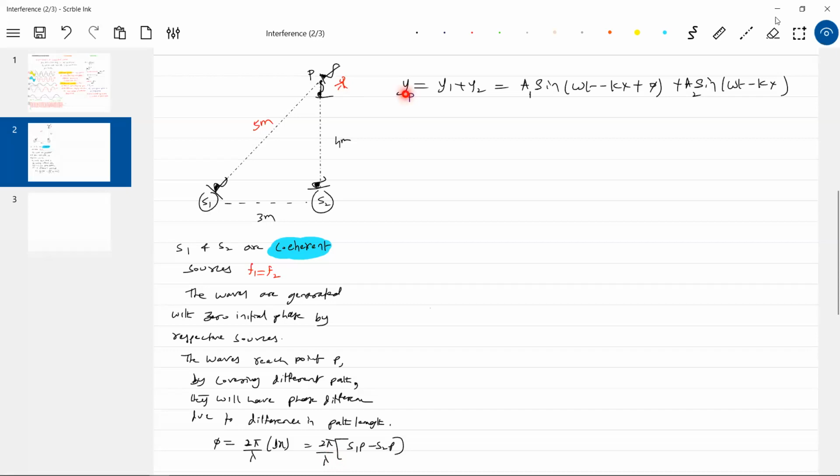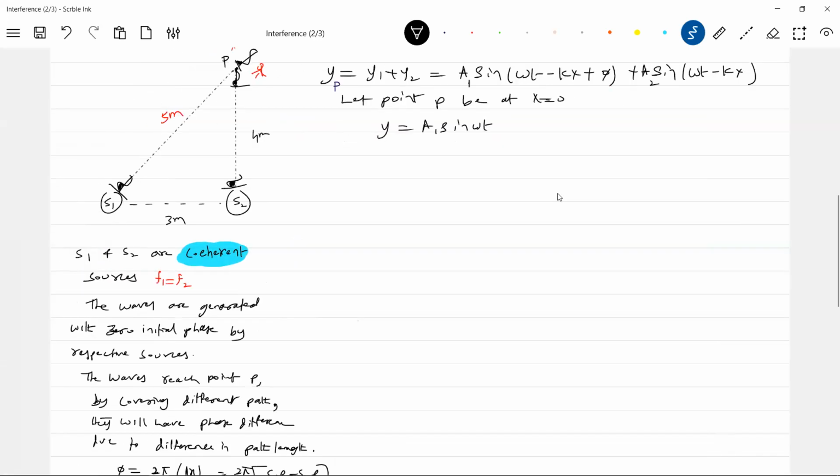I'm standing at point P. Let me define this as x equal to 0. Let point P be at x equal to 0. So therefore, what do we get? I think I'll magnify it.